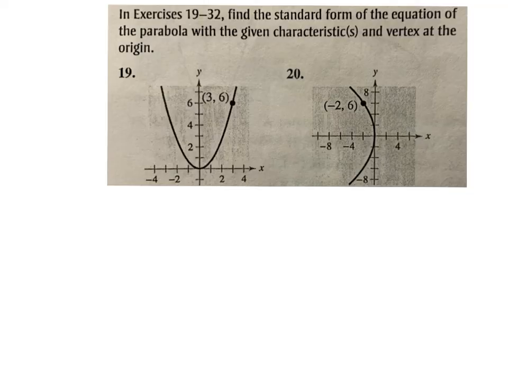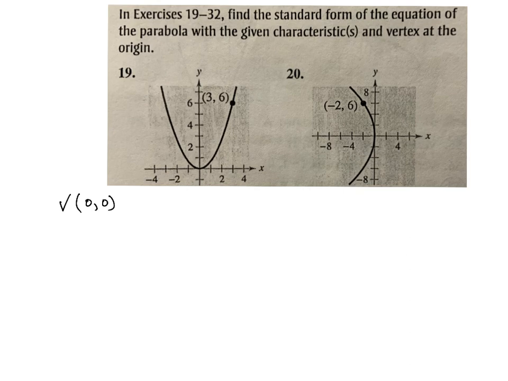Number 19 is slightly different than what we've done so far, but it's not hard. We're going to be given these characteristics, and the vertex in this case is always at the origin. If my vertex is always at the origin, that already gives me my h and my k. Are you following me?